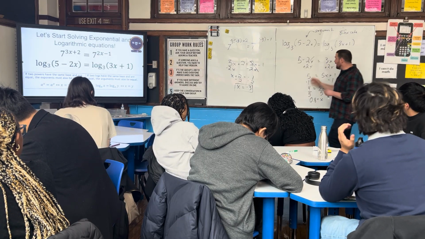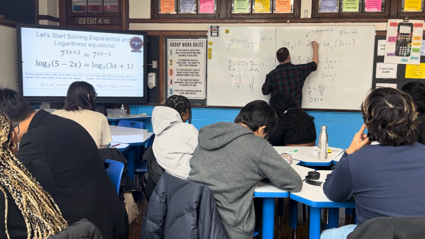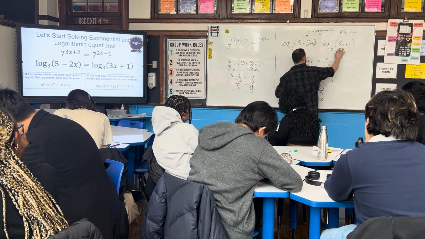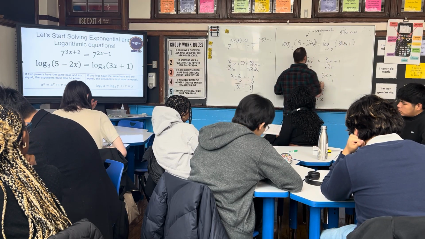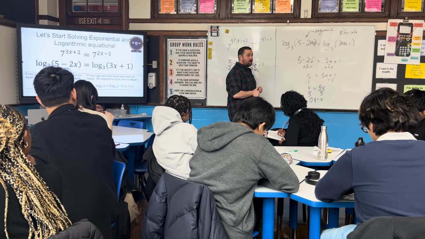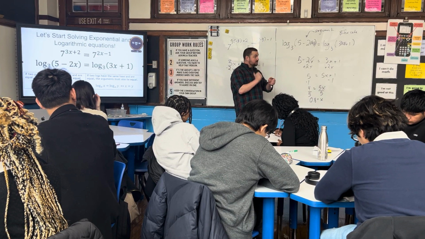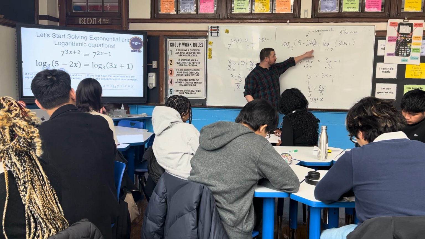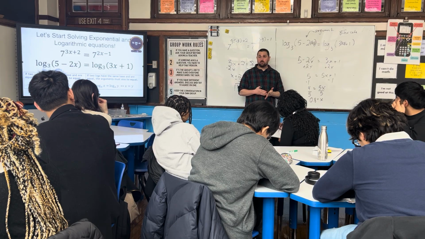So I take my 0.8, I go back to the original equation, I literally plug in 0.8 in place of x, and I check to see if I made any mistakes. I would grab the calculator and do log base 3 of this entire expression and log base 3 of that entire expression, and I should be getting the same value.